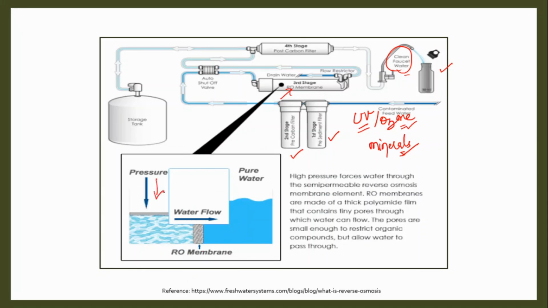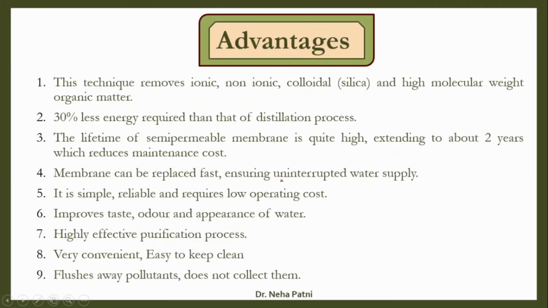By applying pressure from here, you can reverse the direction of water flow and you will get your pure water from here. So there are a lot of advantages of RO over electrodialysis, because it works on all types of minerals, whether ionic, non-ionic or whatever. The lifetime is quite high nowadays.